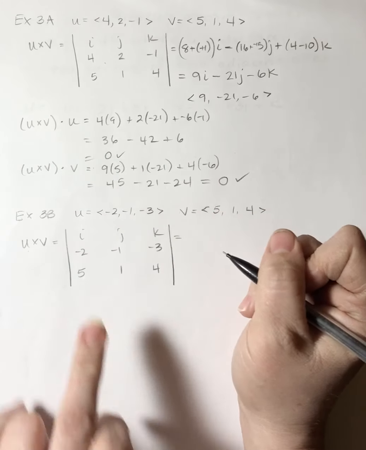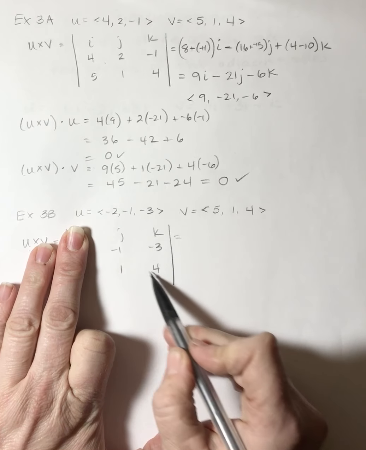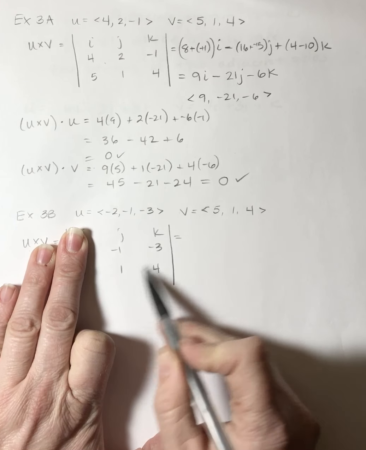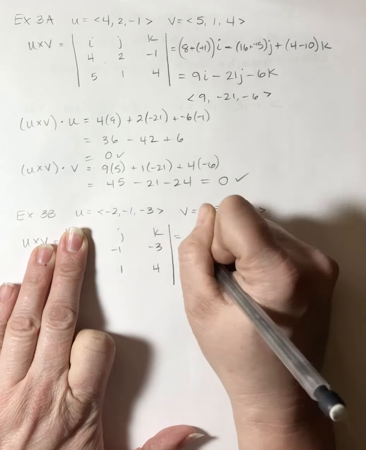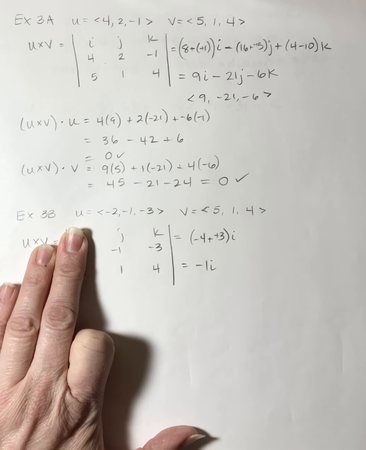So for i, I'm going to have negative 4 minus a negative 3 times i, so that's going to give me a negative 1i.